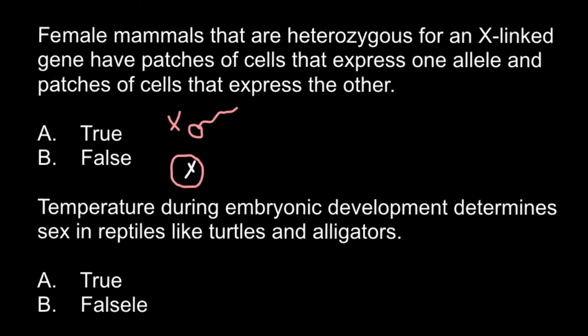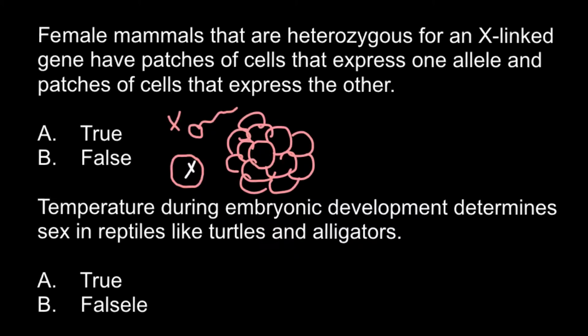And here on the next stage we have zygote, and when it reaches about 100-200 cells, so this is first stage, this is second stage.